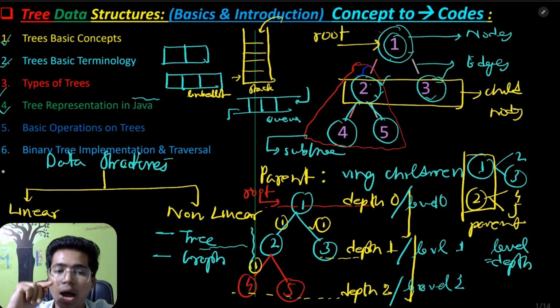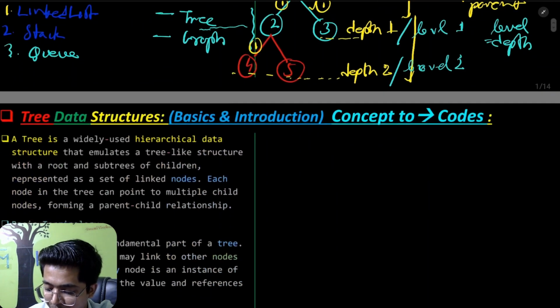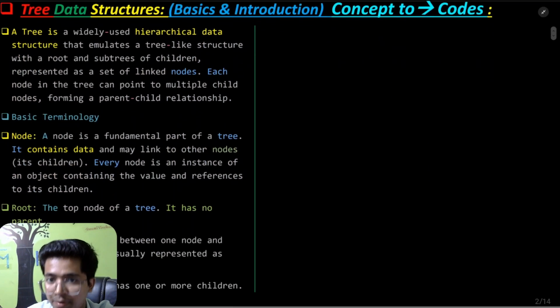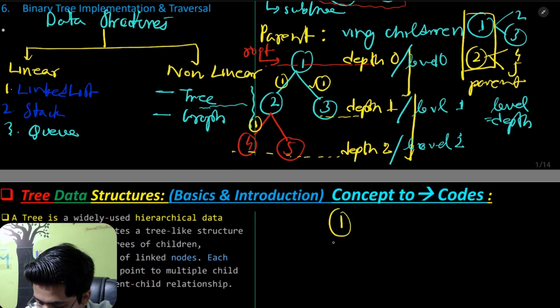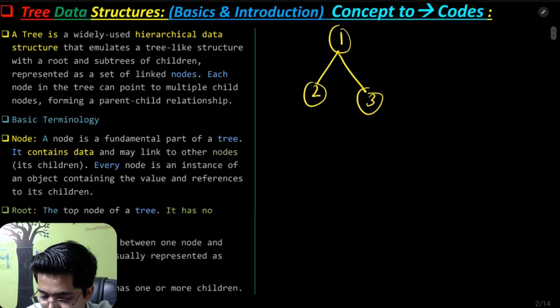Now we'll be understanding the height of the tree. We get one more important term in trees, that is the height of the tree. So we need to draw the tree. The tree is 1. It has two children, 2 and 3. And 2 also has two children, 4 and 5.